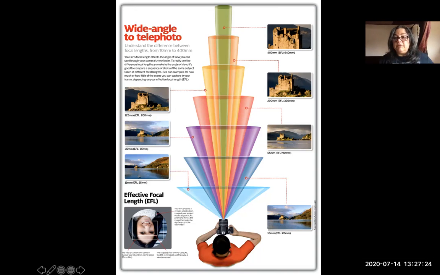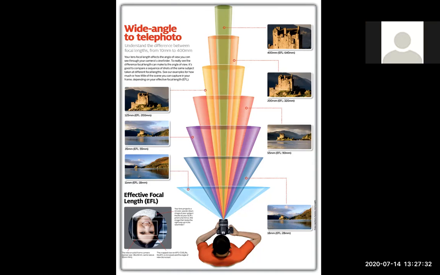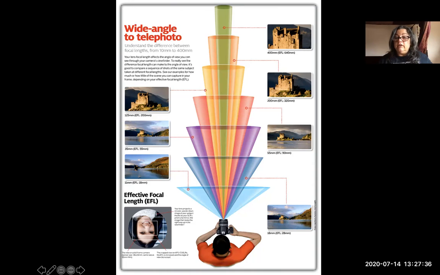The difference between 400 millimeters in the upper right and 11 millimeters in the lower left is enormous. You can hardly see the castle at all with the wide angle of view, and you can't see anything but the castle with the narrow angle of view that we get with the long lens.